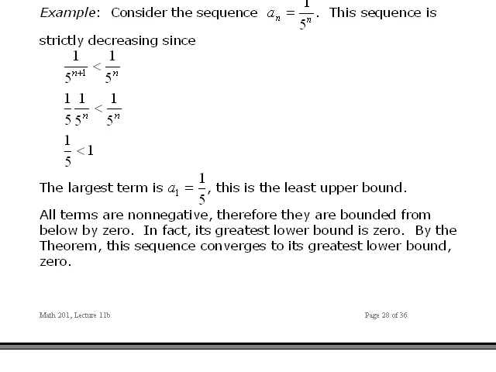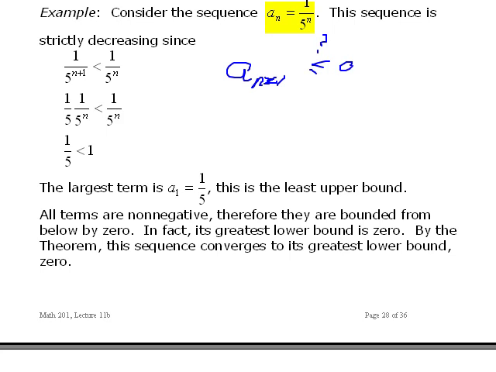And here's an example. Let's look at the sequence a sub n equals 1 over 5 to the n power. Obviously you know where this is going, but we want to use it as an example. The sequence is strictly decreasing, since the next term... So what we're going to set up here is: is a sub n plus 1 less than or equal to a sub n?